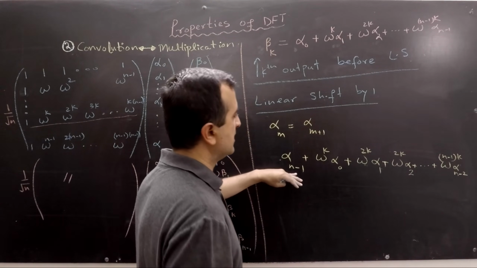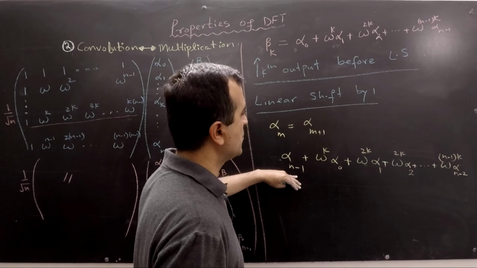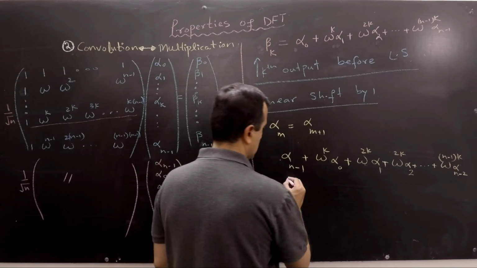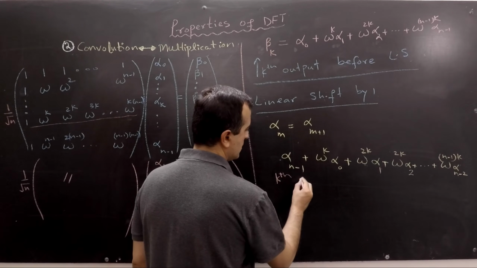So this is our kth output after linear shift.